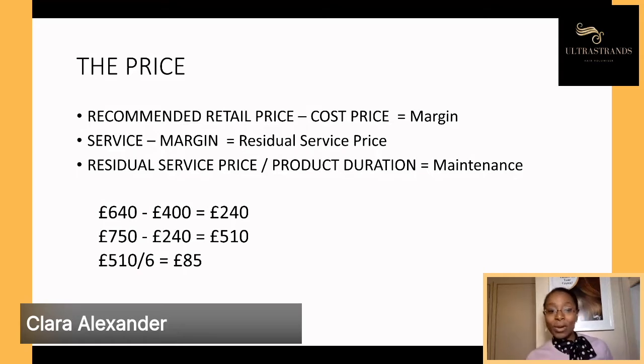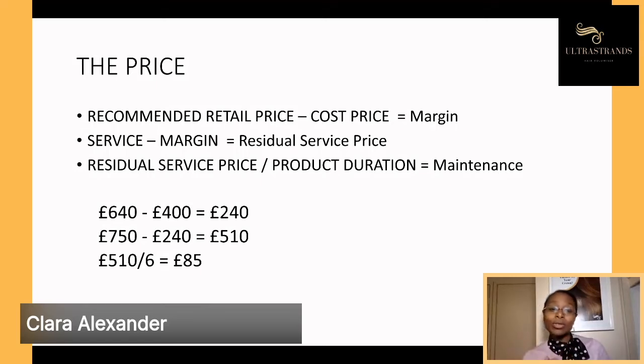But then with the recommended retail price, you've got an additional £240 on it. So the margin is not there for you to go, oh, wow, I can just make £240 on this product. Yes, it's possible to do so, but the key reason why we have that margin in is so that you can actually include your installation price, or at least a portion of your maintenance, into that figure.